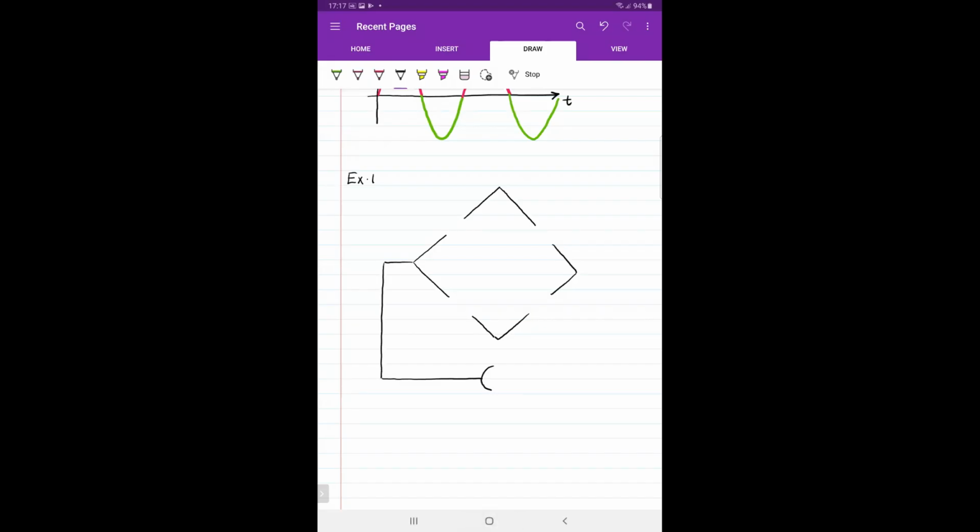So they will give you the AC supply. They will give you the output, but the positioning of the diodes will be missing. And the question would be something along these lines.